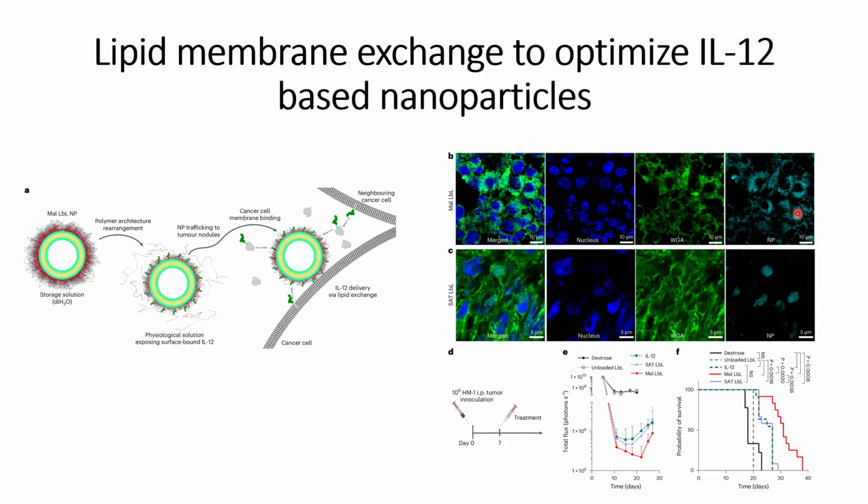As we can see, Mal-lbl can diffuse evenly across the cell membrane and in the cellular matrix, whereas the covalently bound IL-2 is not able to diffuse across the cell membrane. They are pocketed in the cellular matrix in a very condensed region.